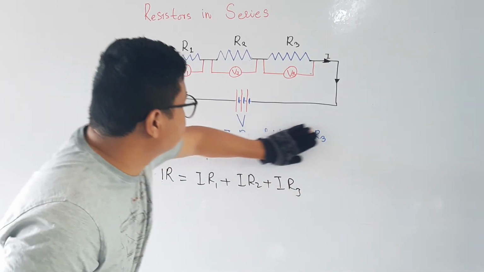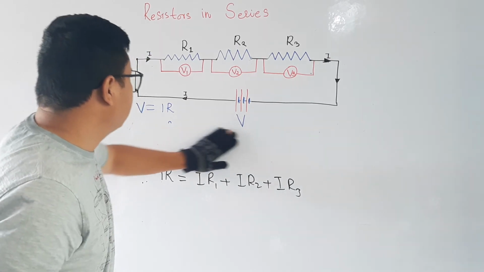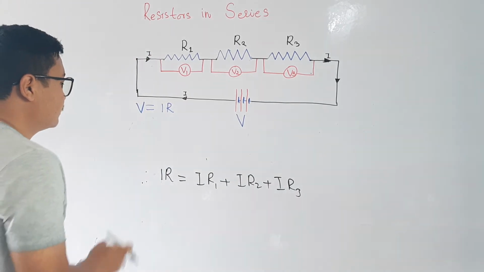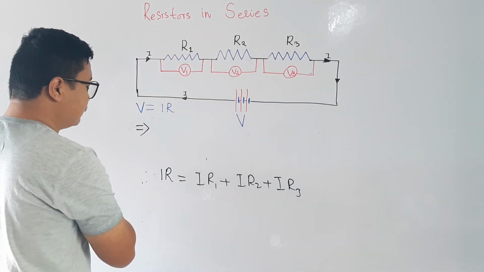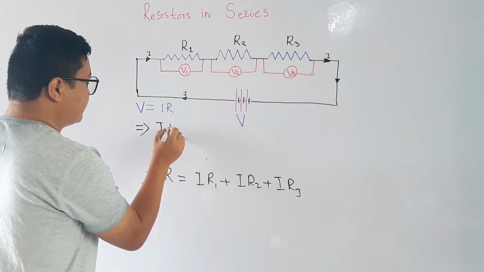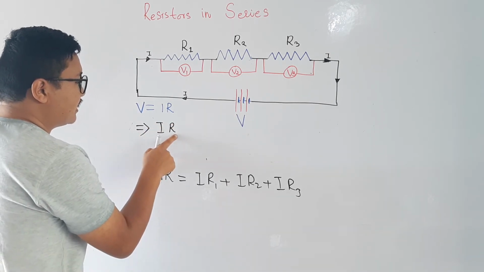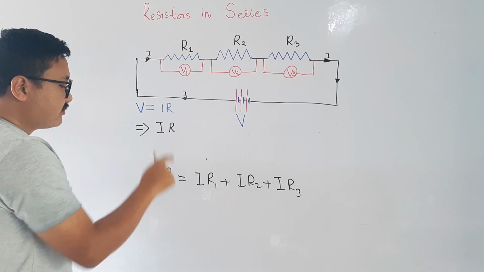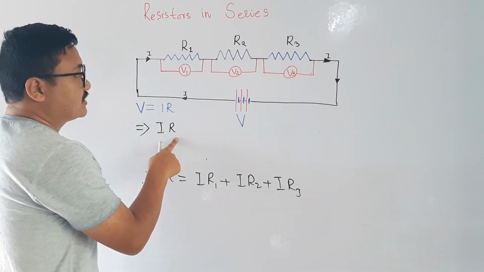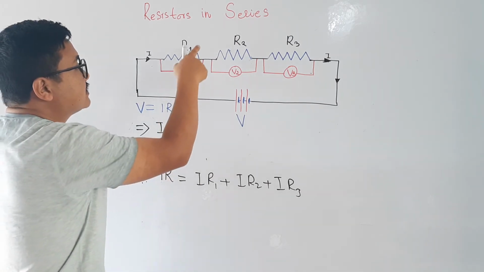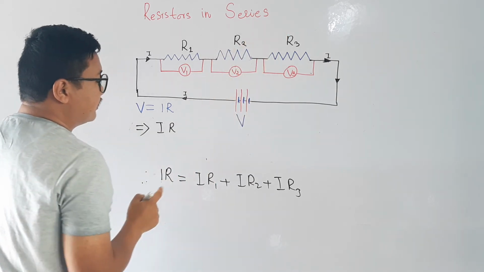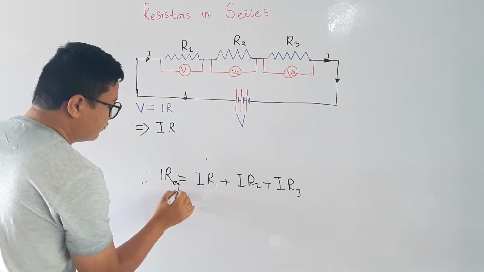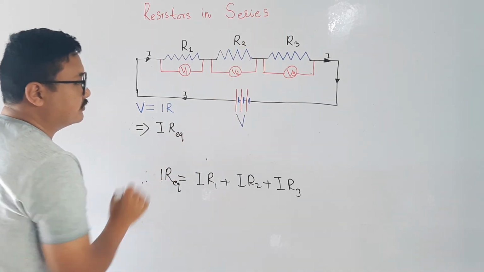It is very simple. What is this R? R is the equivalent resistance of all these three resistors, so I will write R equivalent.